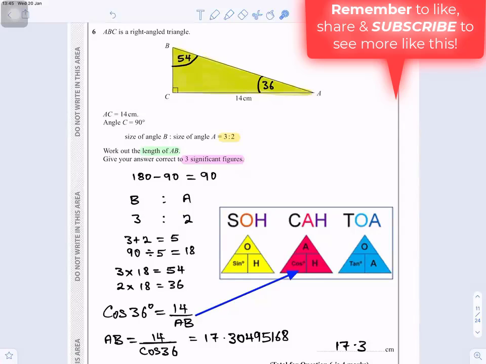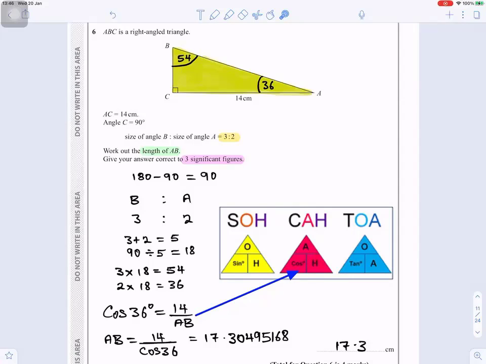Now, we want to work out what AB is. We use trigonometry from SOHCAHTOA. We know the adjacent, which is 14, and we want the hypotenuse. So which one has A and H in it? Cosine, CAH, has A and H. So we want to find H. You cover H with your finger, and it is A divided by cos 36, adjacent divided by cos 36.